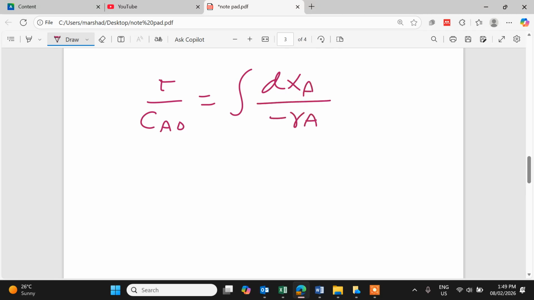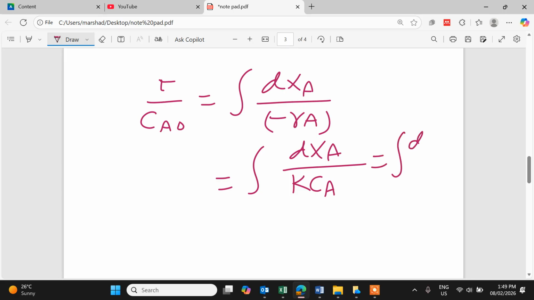If you remember, this is the design equation of PFR, right? We said that this is a first order reaction, so RA will be K CA, and CA is CA naught (1 minus XA).